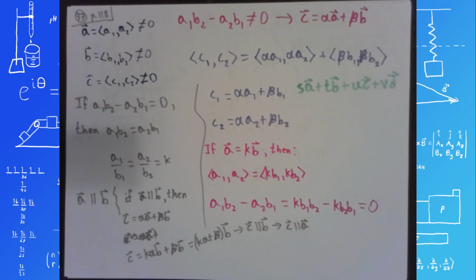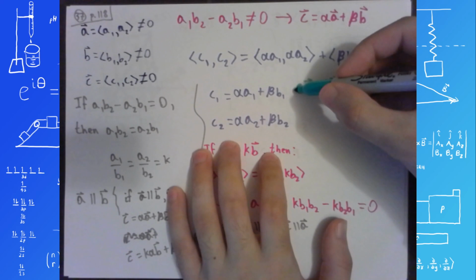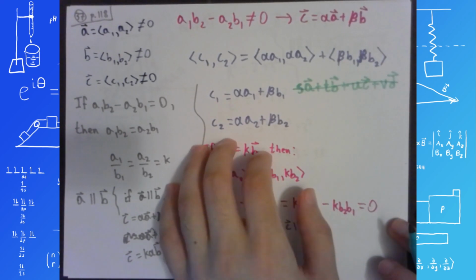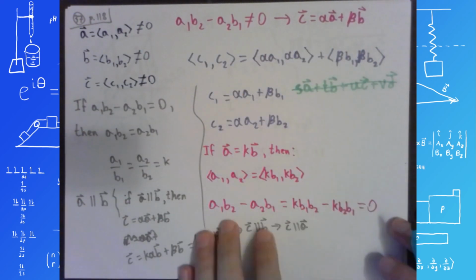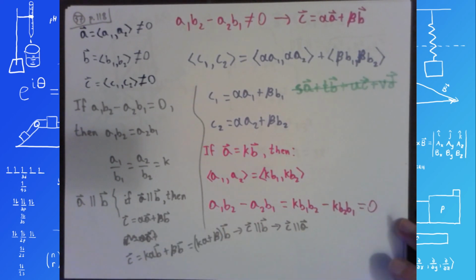Let me try and illustrate visually. The idea that if you have two vectors that are not zero and are also not parallel to each other, then you can make any other vector out of them, whether it's in 2 dimensions or 3.